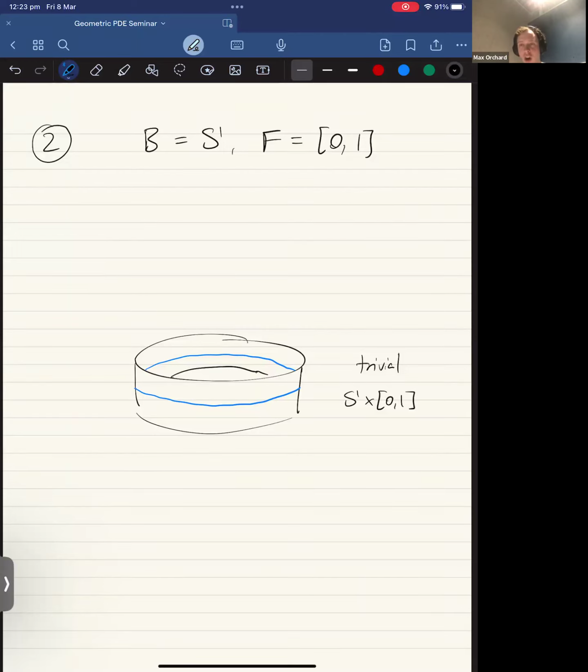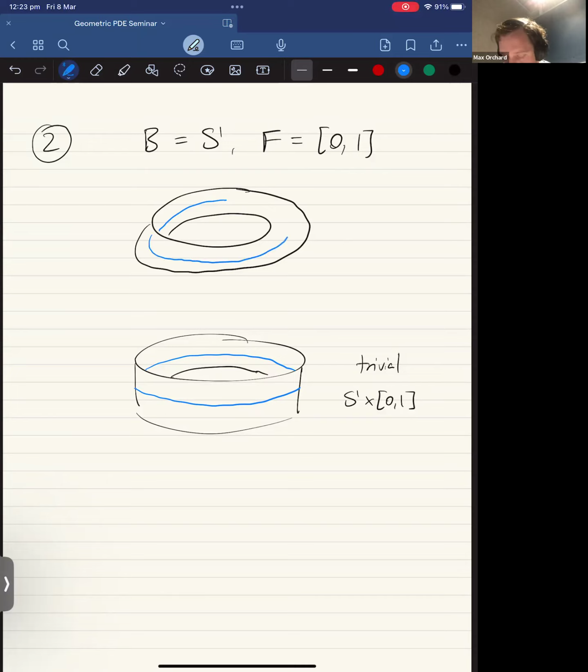Now, instead of just doing it in this trivial sense, I'm going to add a twist to the cylinder. And this gets you the Mobius strip. Now let's see if I can draw this. Our base space is still just a circle. And we get our fibers that look like this at every point, just as we would for the trivial cylinder.